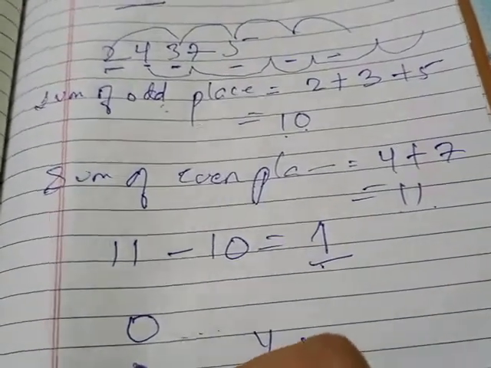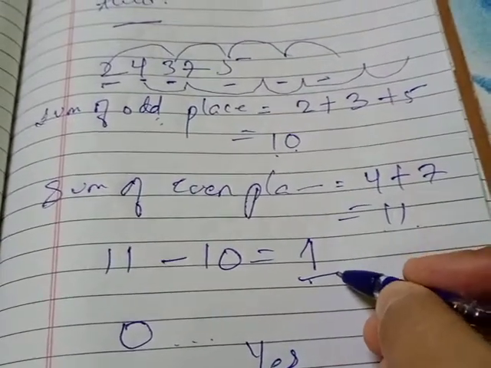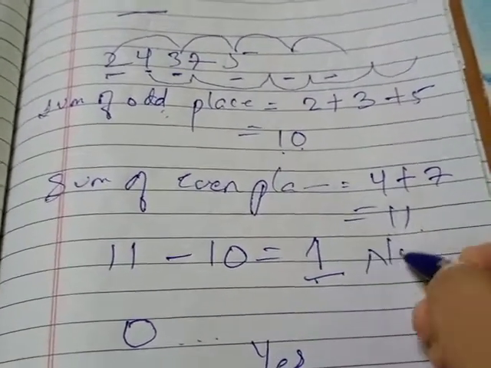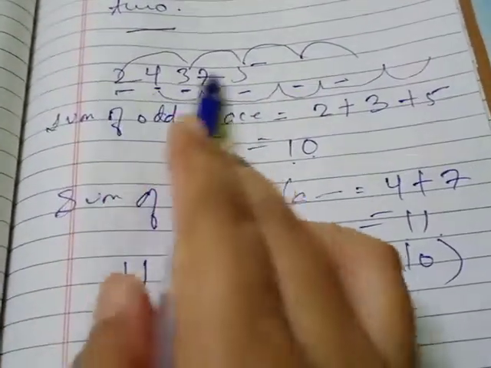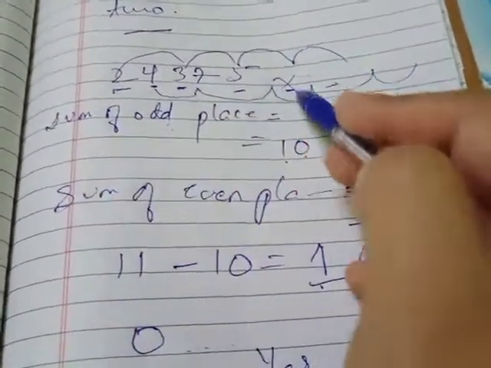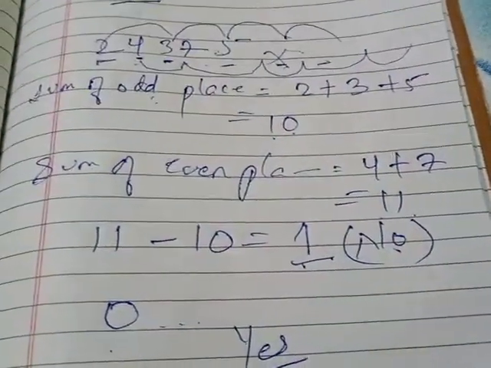And when it is not 0 or a number from the 11 table, like here it is coming 1, then it is not divisible by 11. This number, 2, 4, 3, 7, 5, is not divisible by 11. 11 is not a factor of this given number.